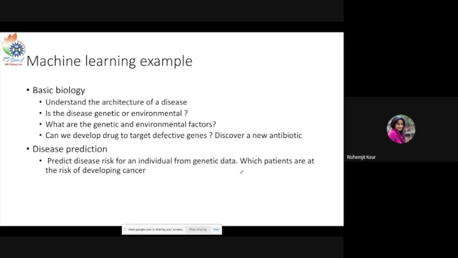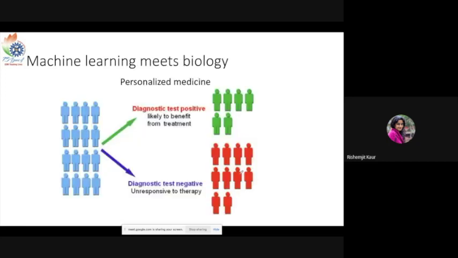So can we find out who are at-risk patients, who are at risk of developing cancer or different diseases itself? What are the environmental or the genetic factors? Can we develop drugs to target defective genes, discover a new antibiotic itself? So this is where we can say that machine learning meets biology. It is the example of personalized medicine, where we look at all the genetic information and try to see if the diagnostic test is positive, whether they are likely to benefit from a certain treatment.